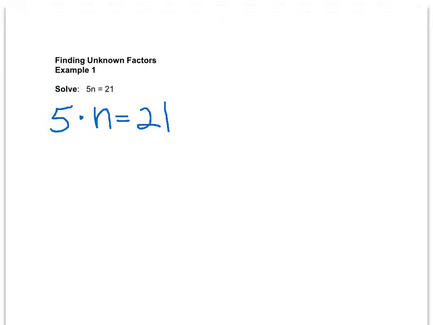Let's rewrite this problem then as a division problem. And the reason we can do this is because division is the inverse or opposite operation of multiplication. So here's our dividend, 21. We're going to divide it by the known factor that now becomes our divisor. Simple problem you've been doing probably since 4th grade.